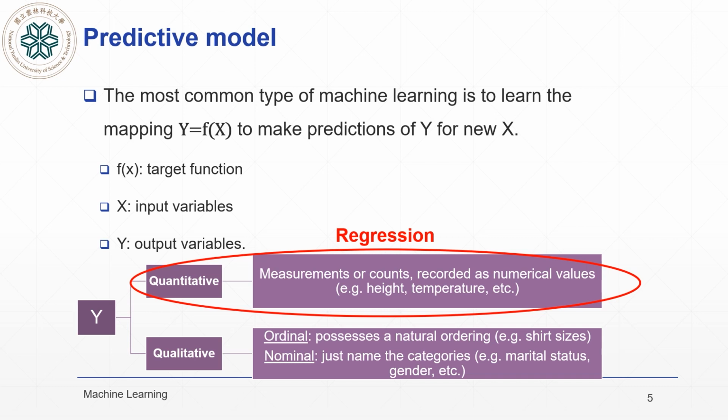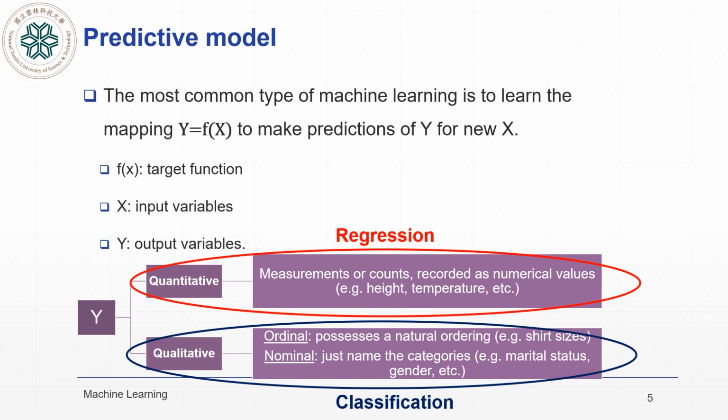Quantitative means that you have measurements or counts recorded as a numerical value, like height, temperature, etc. For qualitative, you have ordinal and nominal. Ordinal means that it possesses a natural ordering, for example, shirt sizes.